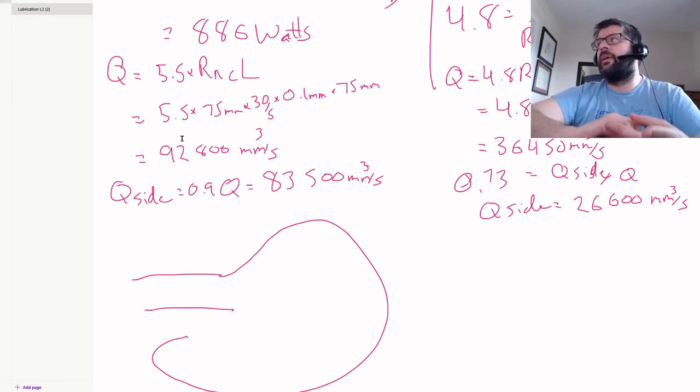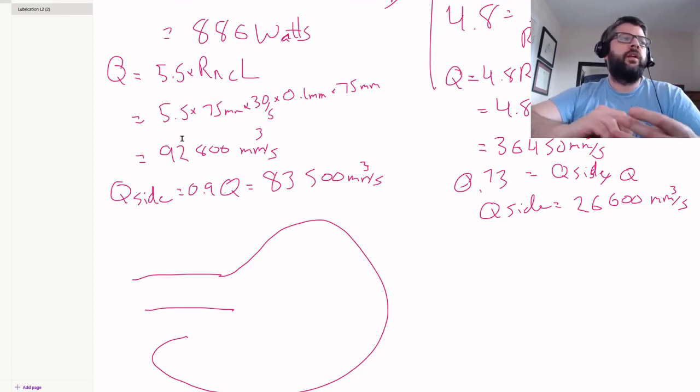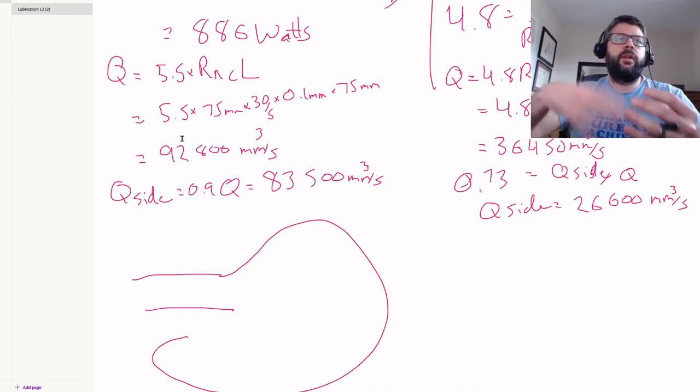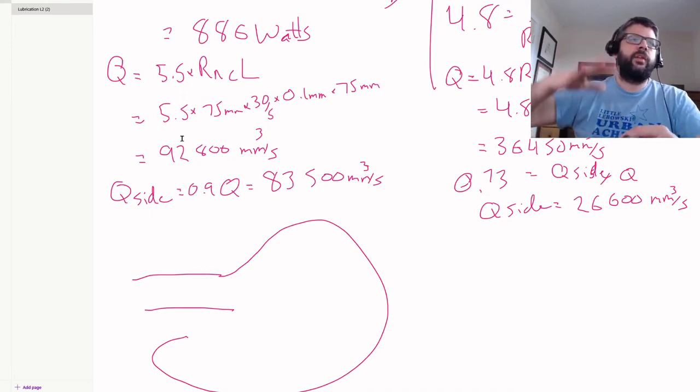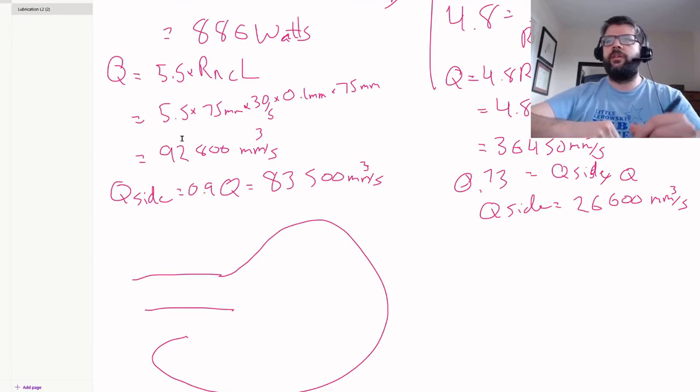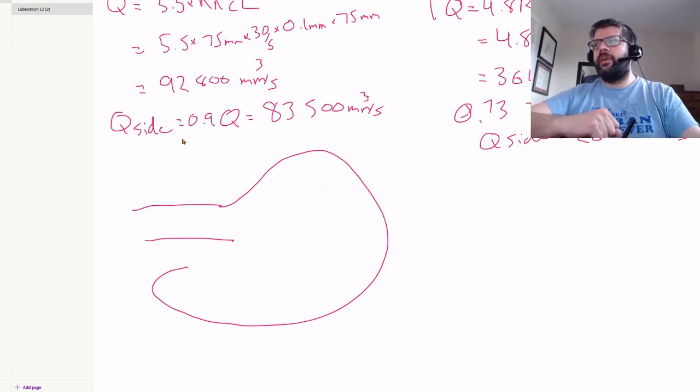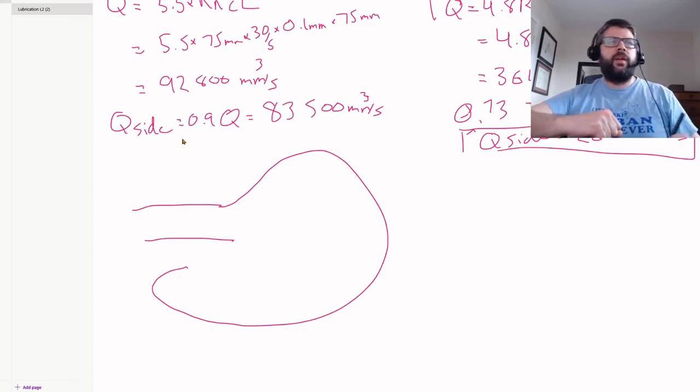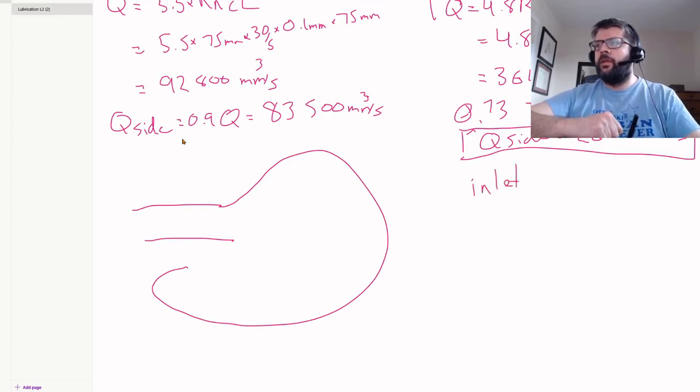All the heat that's generated needs to go into heating that oil, and then that same amount needs to cool down so that everything gets back to steady state. So we've got a certain amount of side flow, and we have an inlet temperature, and we have an outlet temperature.